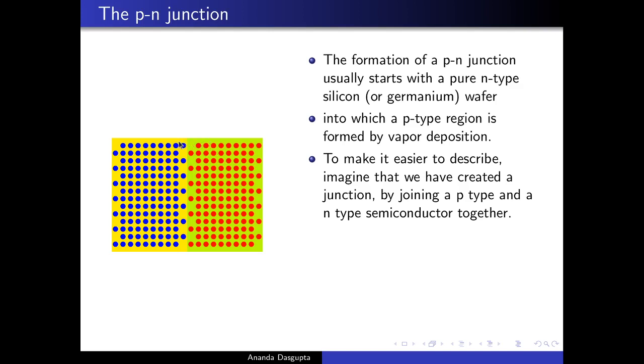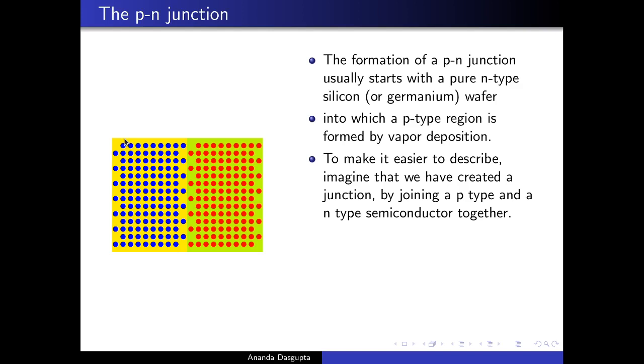Now, you have to remember that despite the presence of these electrons on the n-side, the n-side to begin with is electrically neutral. Why is that? Because the background consists not just of neutral silicon or germanium atoms, but also of the donor impurity, which has +1 charge.